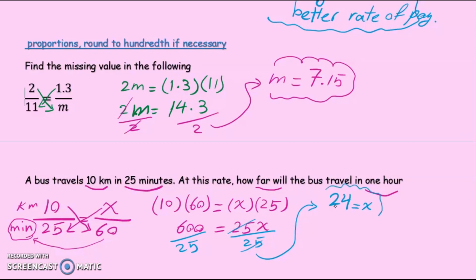Okay, so therefore the question is asking you, how far will the bus travel? The bus travels 24 kilometers in 1 hour.